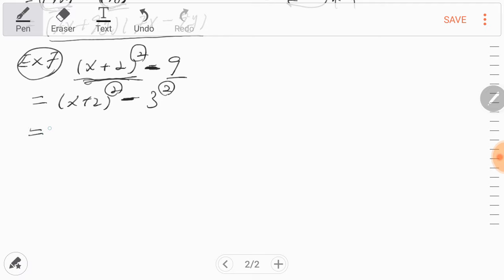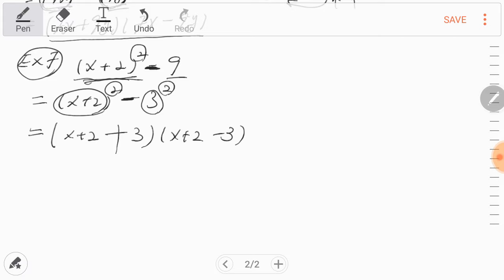Then what do we do? Star plus moon, star minus moon. So in this case, the star is the base, x plus 2. So x plus 2 plus the moon. And then star, which is x plus 2, minus the moon. Okay, star plus moon, star minus moon.